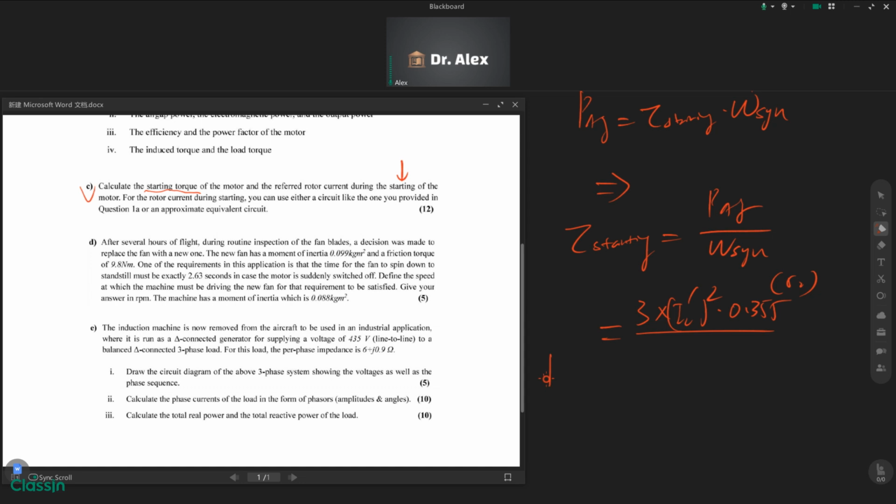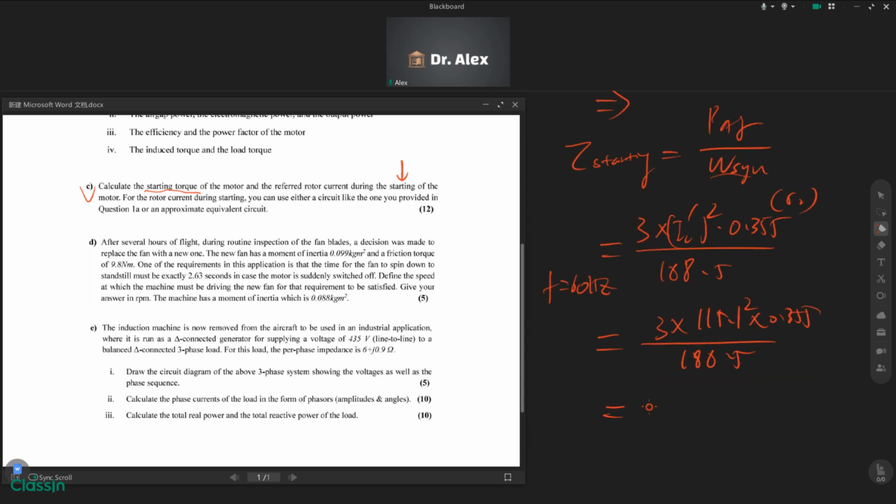And because our frequency is still 60 Hertz, the omega synchronous will be the same, 188.5. So we just input all the values inside, and we can get the final result, which is 74.85 Newton meters. Thank you. That's all for this question. Have a good day.